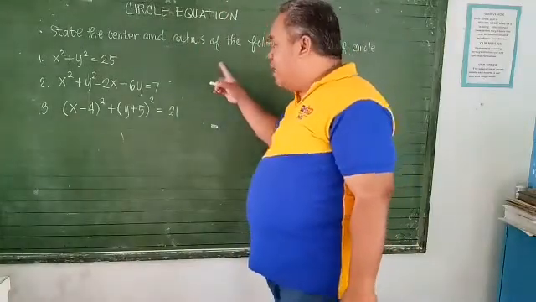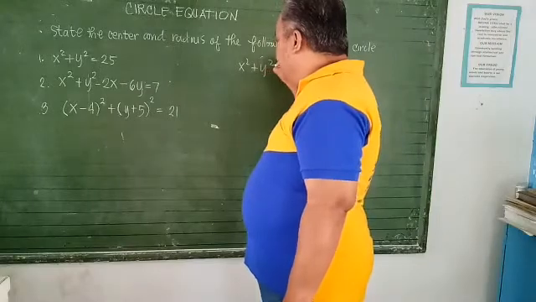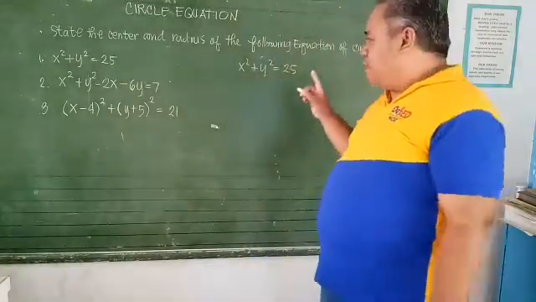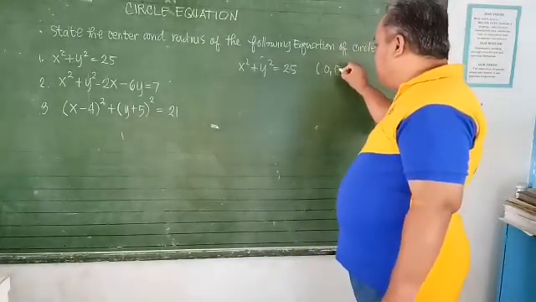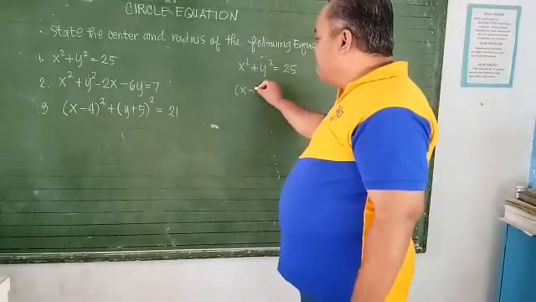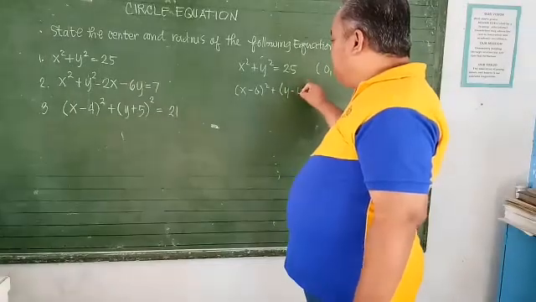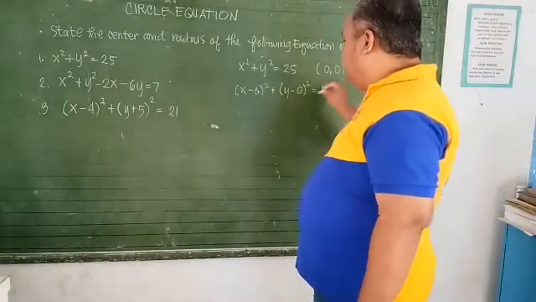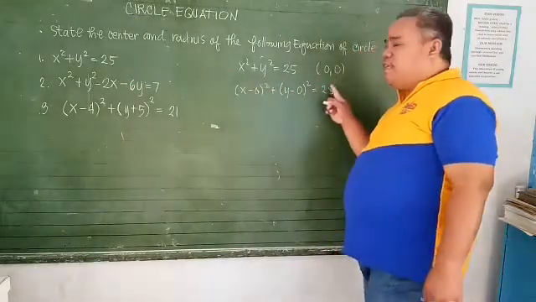If I asked you x squared plus y squared equals 25, what will be the center? Of course, you may say that the center is 0, 0, because if you extend that, this is what happens: (x minus 0) squared plus (y minus 0) squared equals 25. Since 0 is nothing, we just remove it. So the center is at 0, 0.